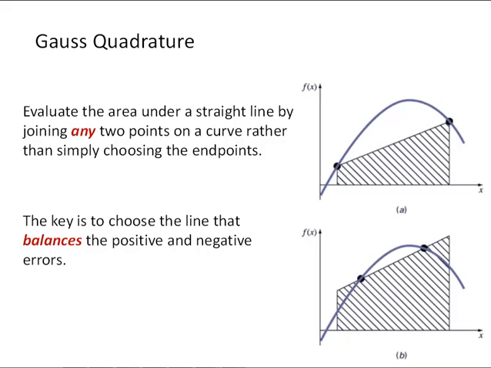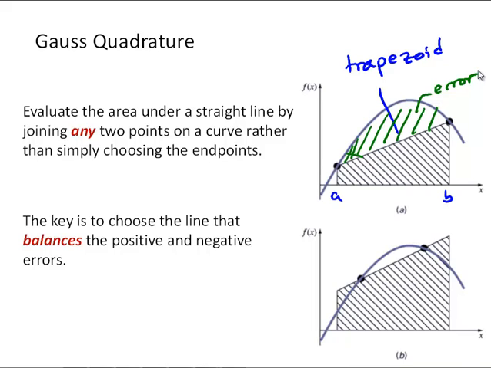So here's the basic idea of Gauss Quadrature. Here's a function, and for the trapezoid method, recall, we use the endpoints of the integration range a to b to evaluate the integral of the function, and we got an error that was proportional to the curvature of the function as well as the cube of the range of the integral.